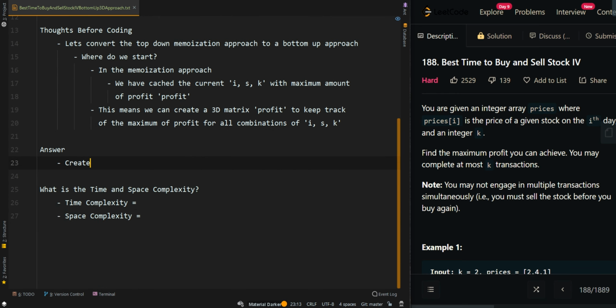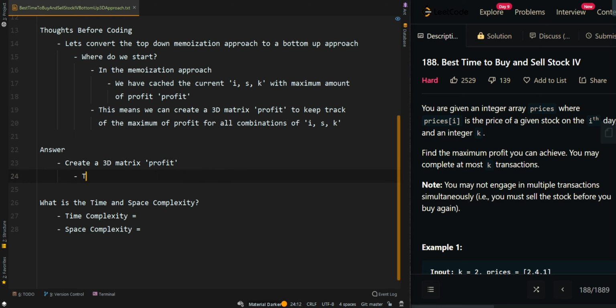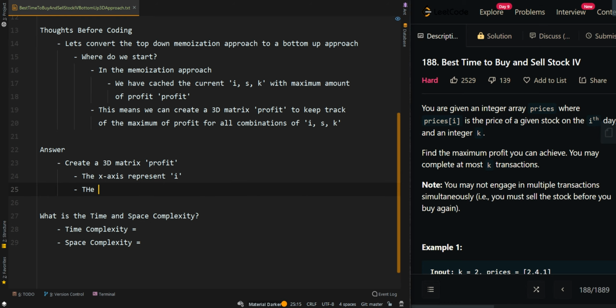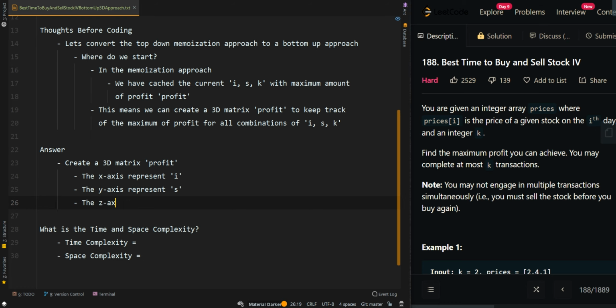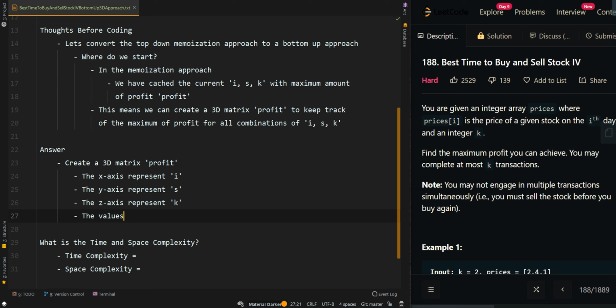So we're going to create a 3D matrix, profit, and the x-axis represents I, the y-axis represents S, and the z-axis represents K. And then the values represent maximum profit.